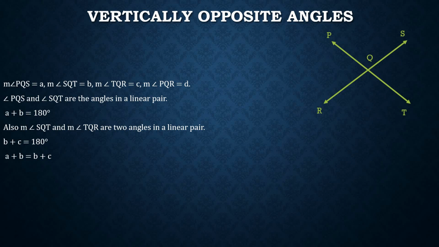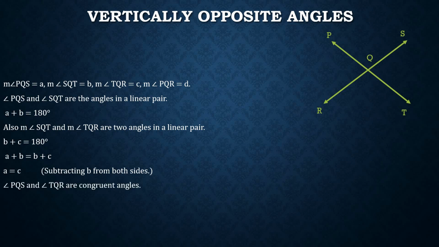Now, we have A plus B is equal to 180 degrees and B plus C is equal to 180 degrees. So we can say that A plus B is equal to B plus C. Therefore, B will get cancelled on the left and right hand side both. So we will have A is equal to C. That is subtracting B from both the sides.